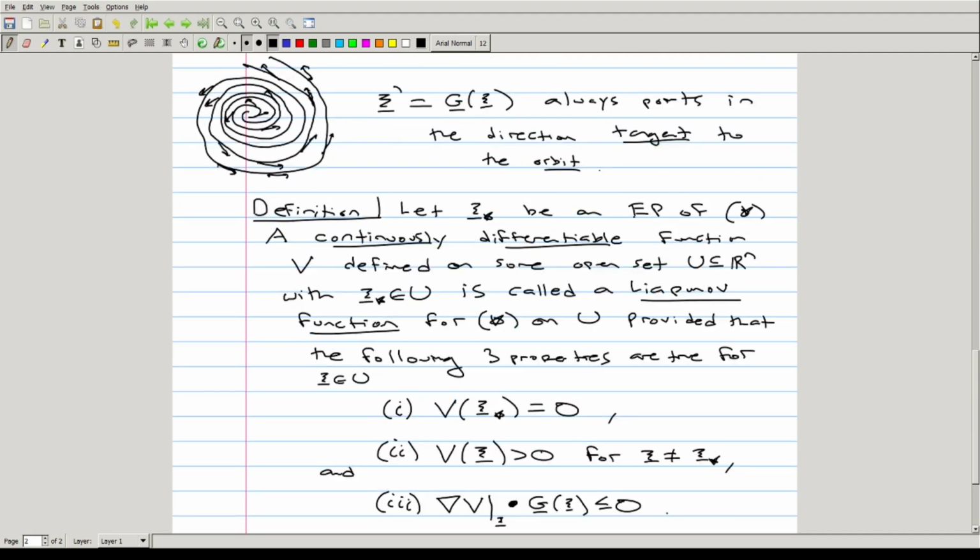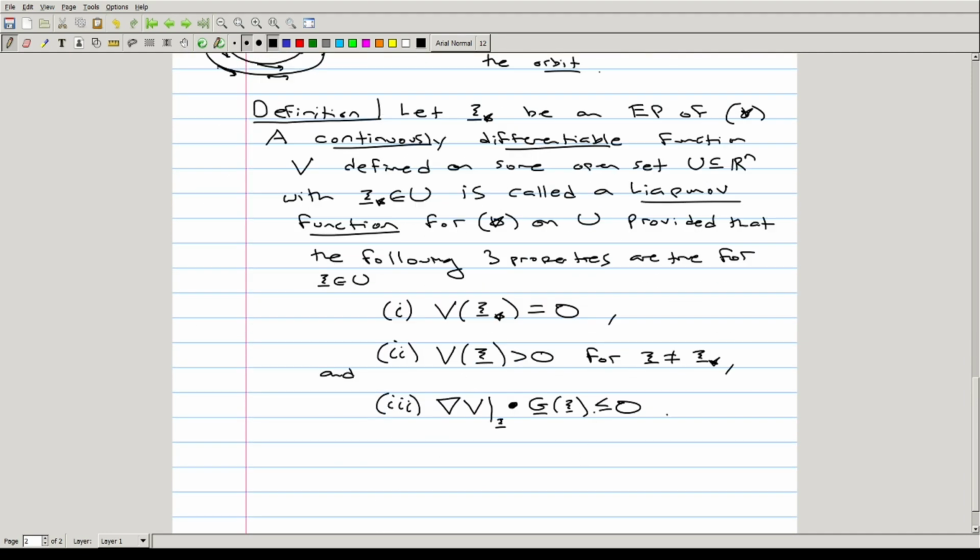So if we can, for a given system of differential equations, find a function V that satisfies these three properties, we call it a Lyapunov function.